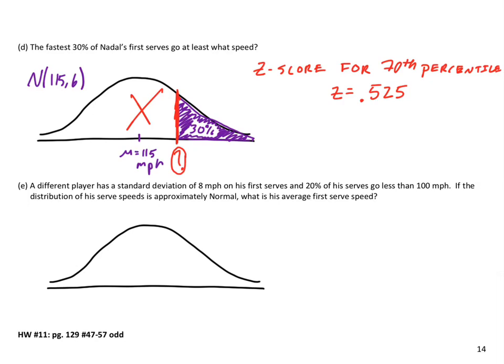So now just use the z-score formula. You know almost everything you need to know. You know the mean, you know the standard deviation, you know the z-score. So let's plug that into the z-score formula. So z, 0.525, equals the individual score, we don't know that, minus the mean, divided by standard deviation.